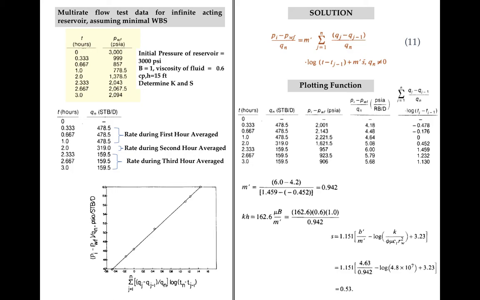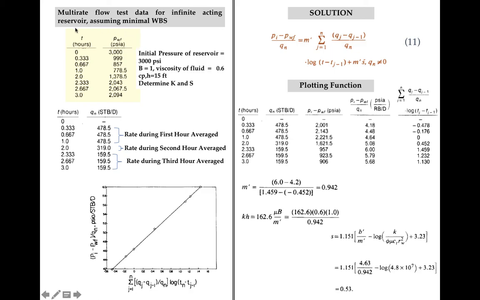Now this is a simple numerical which is considering the multi-flow test data for infinite acting reservoir, assuming minimal well bore storage, right? So in this particular question, the well bore storage part is eliminated and we are only left with the multi-flow rate test data which need to be evaluated, right?